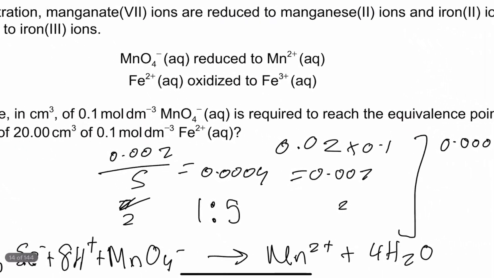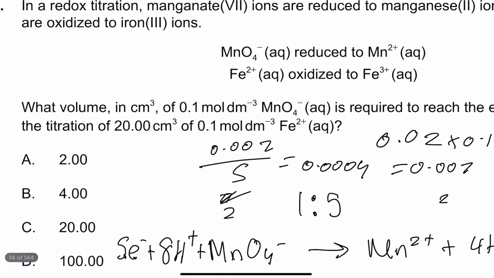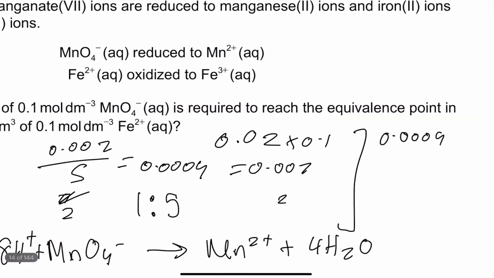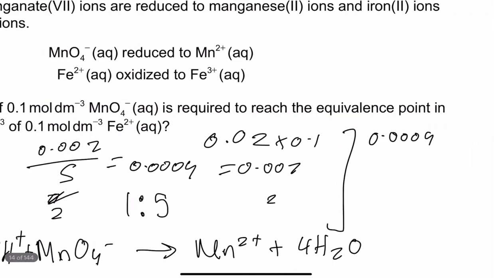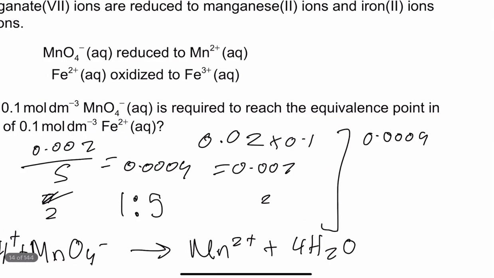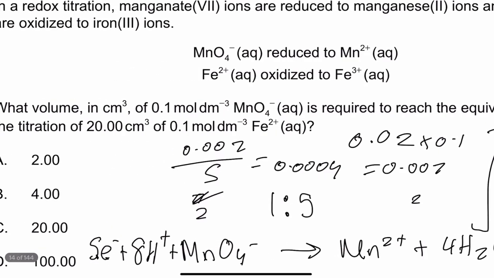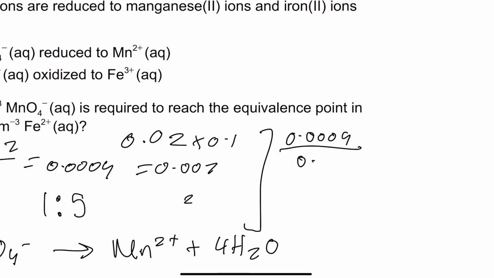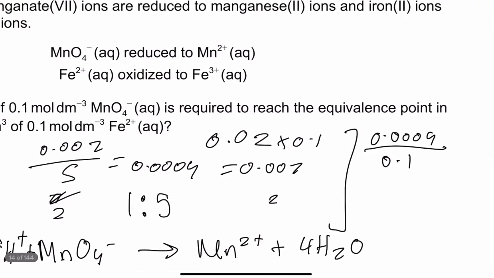We need to find the volume that will give us the equivalent. Essentially all we have to do is divide this by our concentration in order to get the volume. Remember, volume equals moles over concentration, so we're just dividing by concentration.